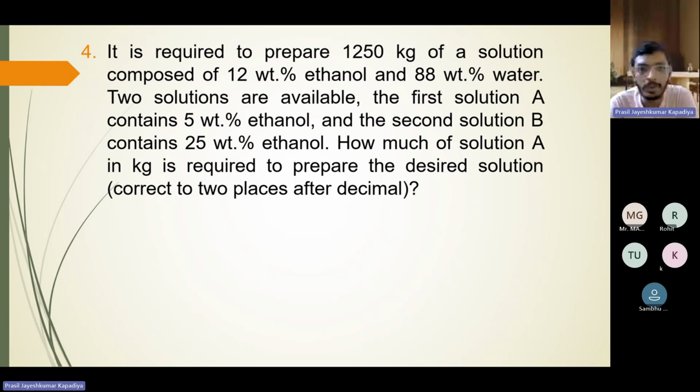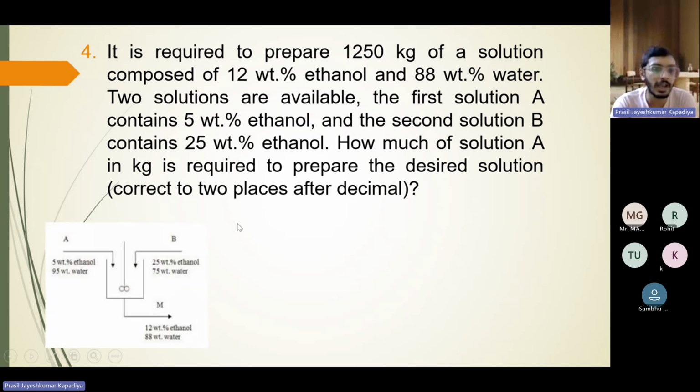And we are mixing them. So how much of A and B are required? So this is the diagram where we have solution A that is 5% ethanol, so the rest 95% is water, and solution B that is 25% ethanol and the rest 75% is water. And I want a solution of total 1250 kg that is composed of 12% ethanol and 88% water.